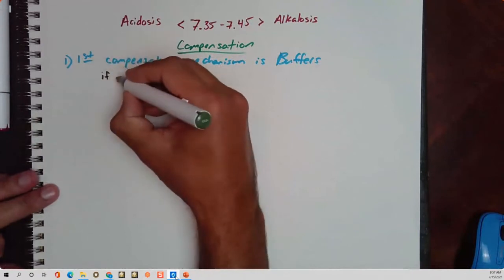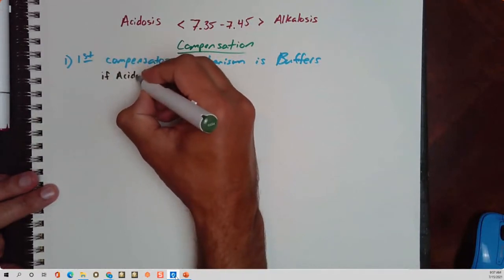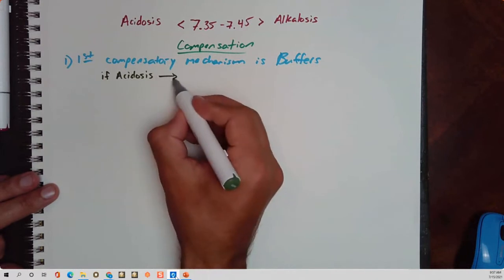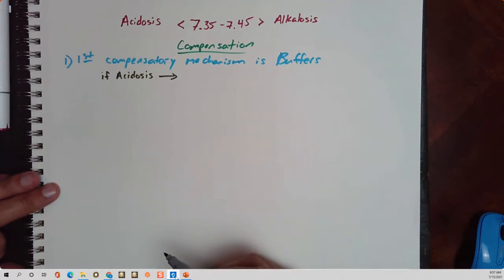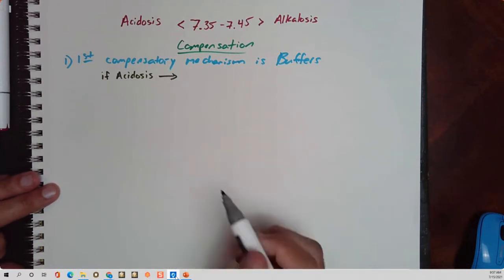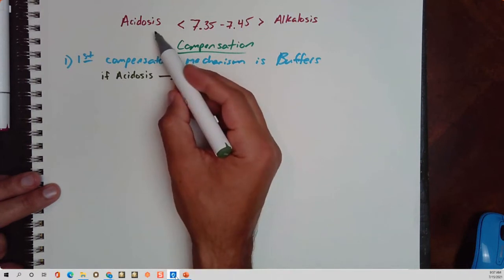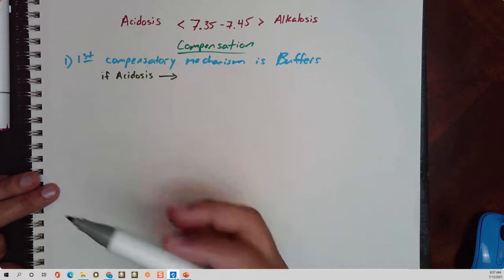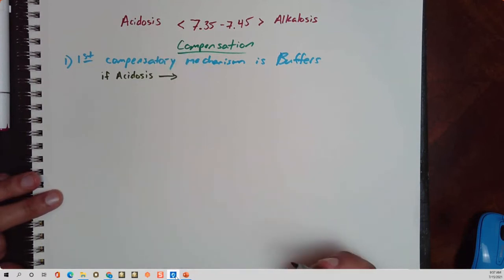If the body is in acidosis, what buffer is going to be working? If we're already in acidosis, do we want to be releasing more acids, or do we want to be binding those acids up? We're going to want to bind it.